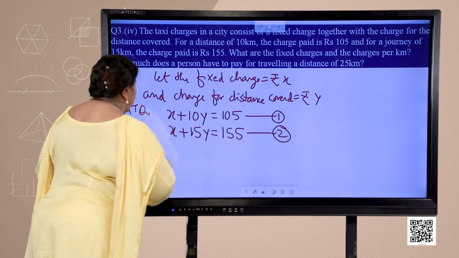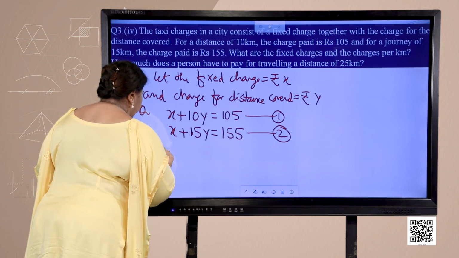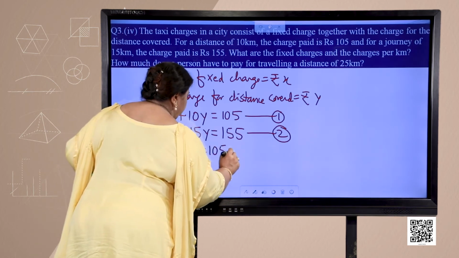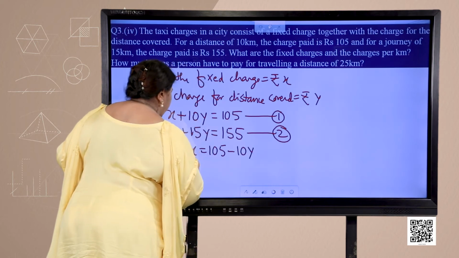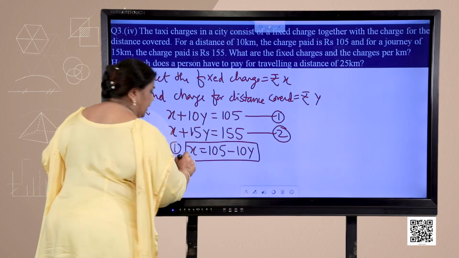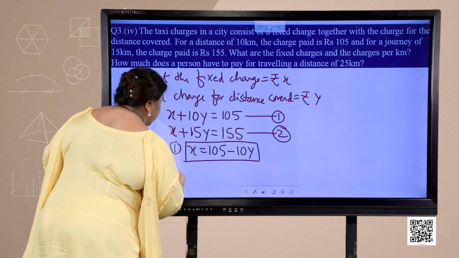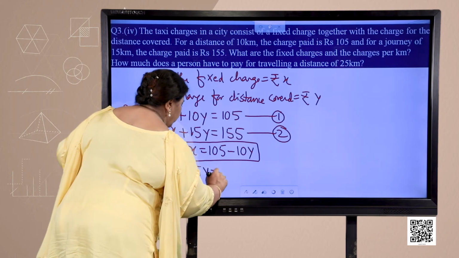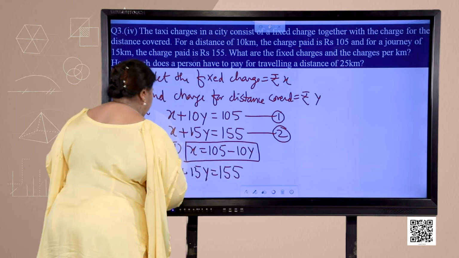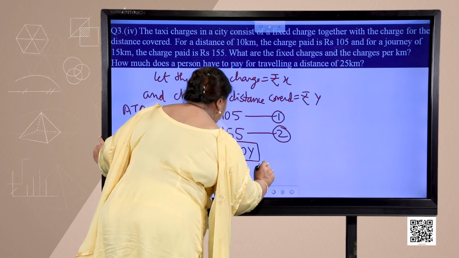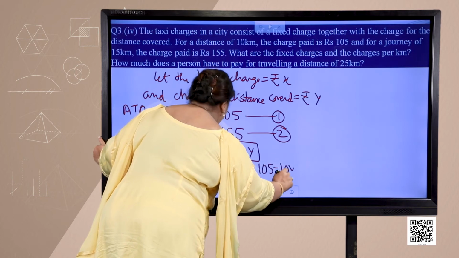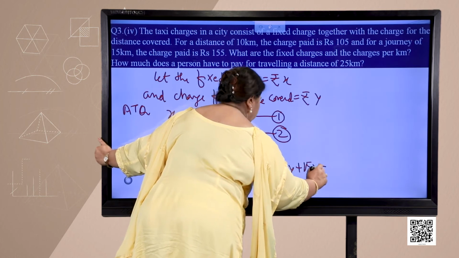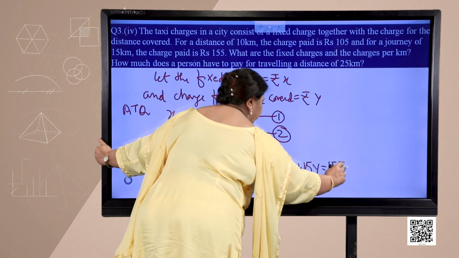Using substitution method, from first equation we have x is equal to 105 minus 10y. This value we will substitute in second equation, that is x plus 15y is equal to 155. If I substitute, I get 105 minus 10y plus 15y is equal to 155.